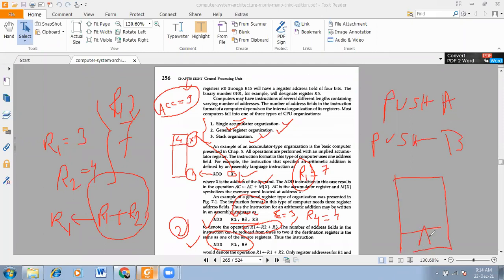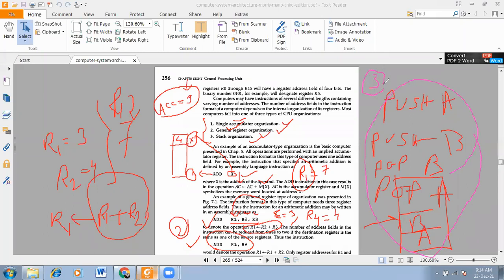You have stored A, you have stored B, pointing to this. Now if you want to pop, what do you have to do first? Pop B, because of last in, first out. Then pop A. So this is the way. These are basically stack organization. So this is the third case.